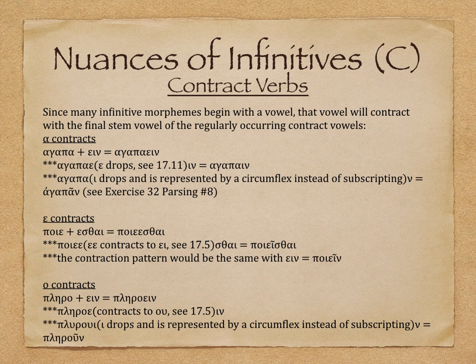Third nuance of infinitives, contract verbs. If we have a verb whose stem ends in alpha, epsilon, or omicron, remember those are our contract verbs. I had a whole chapter on those in the indicatives. And here we are looking at the contract patterns when that stem vowel comes into contact with the infinitive morpheme.